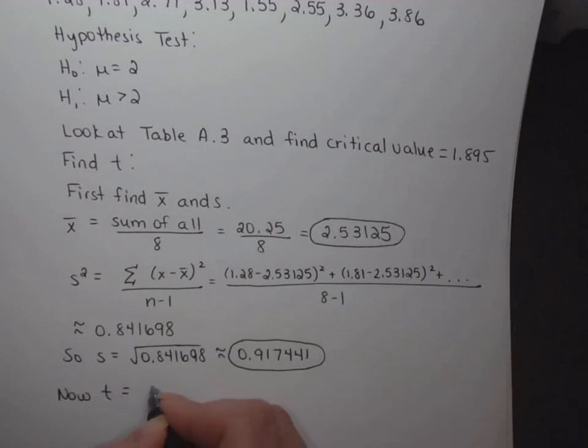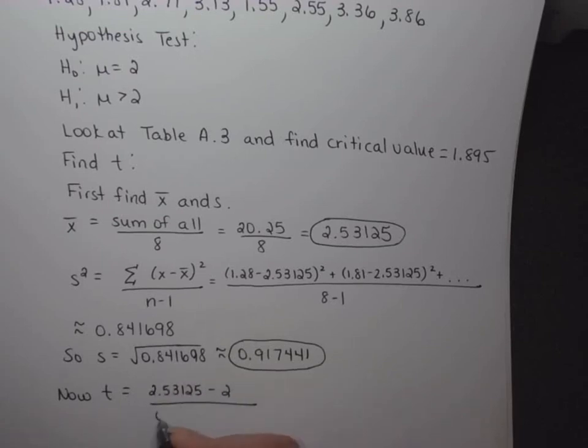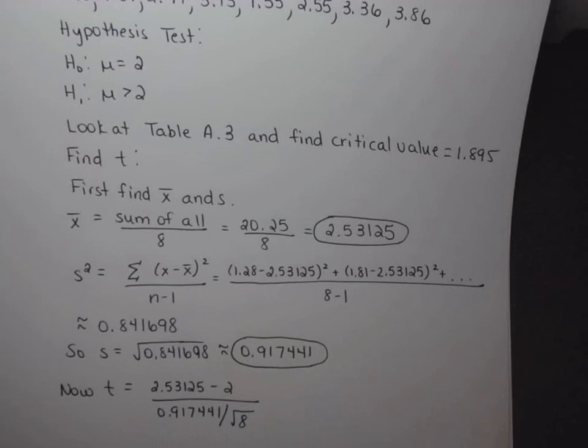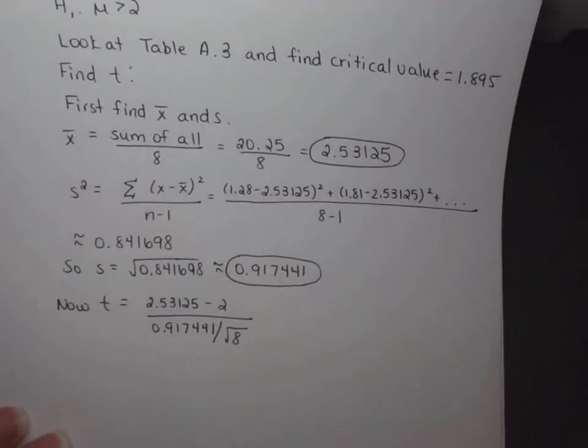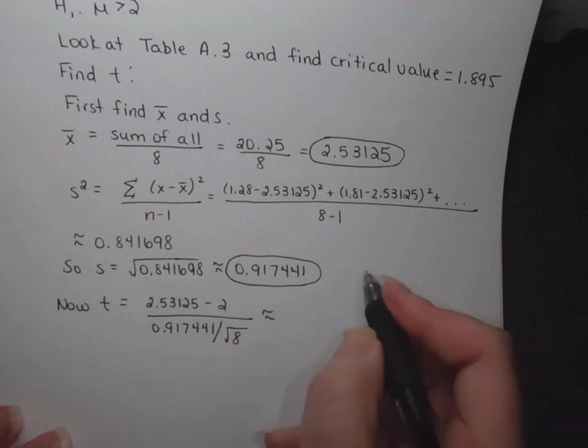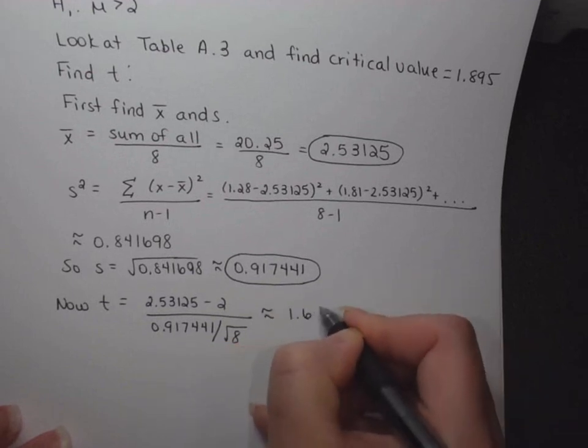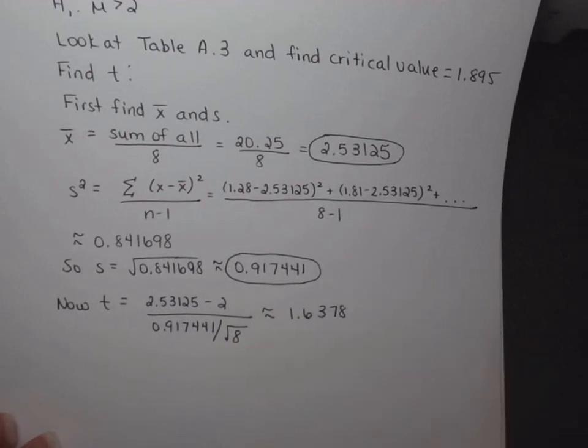So t is sample average minus population average over standard deviation divided by square root of n. If you work all of that out, you get about 1.6378.